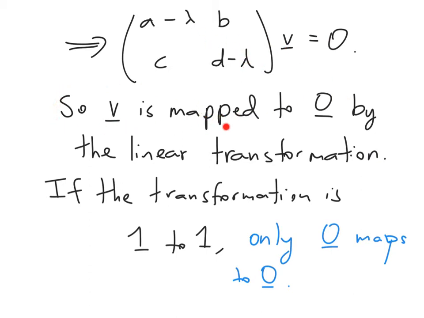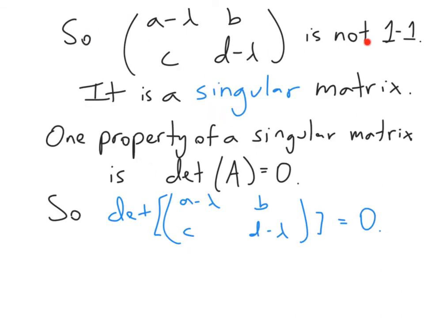So v is mapped to 0 by the linear transformation represented by this matrix. And if the transformation is a one-to-one transformation, then only the 0 vector would map to 0. But v is some non-zero vector, so that's telling us that this transformation is actually not one-to-one. Instead of being one-to-one, it must be a singular matrix.